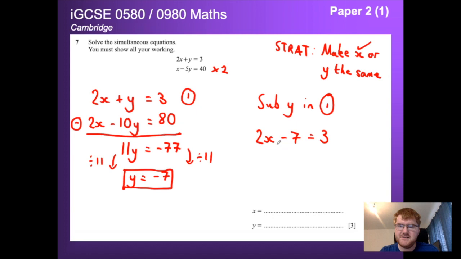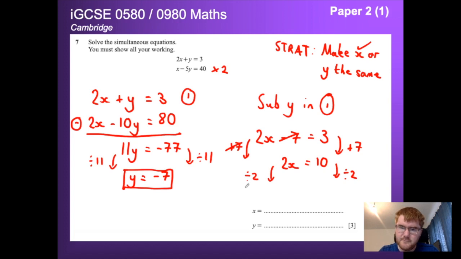At this point, this is a standard equation to solve. We want to get the x on its own. What's the opposite of minus 7? Well, plus 7 on both sides. This cancels with this. I'm left with 2x. 3 plus 7 is equal to 10. Okay, what's the opposite of timesing by 2? Well, I want to divide by 2 on both sides. This cancels.